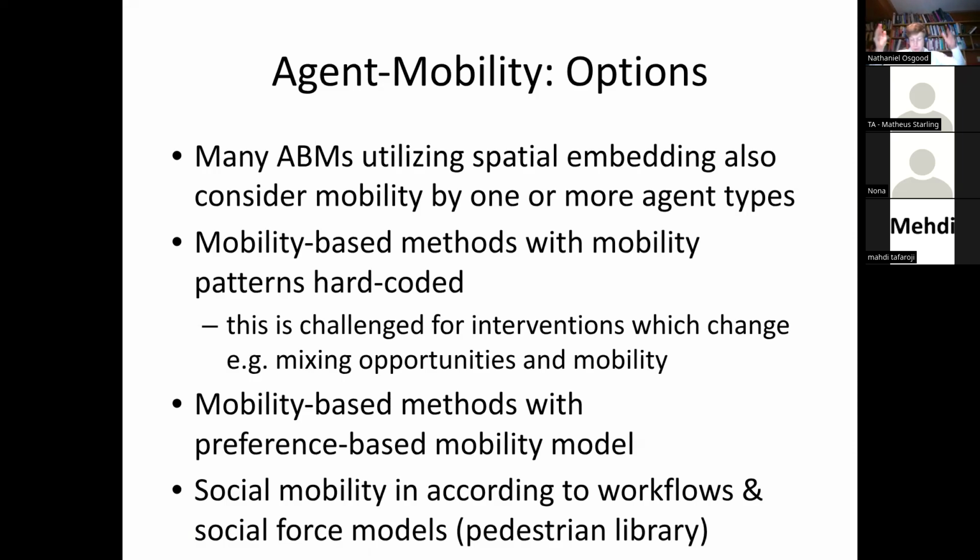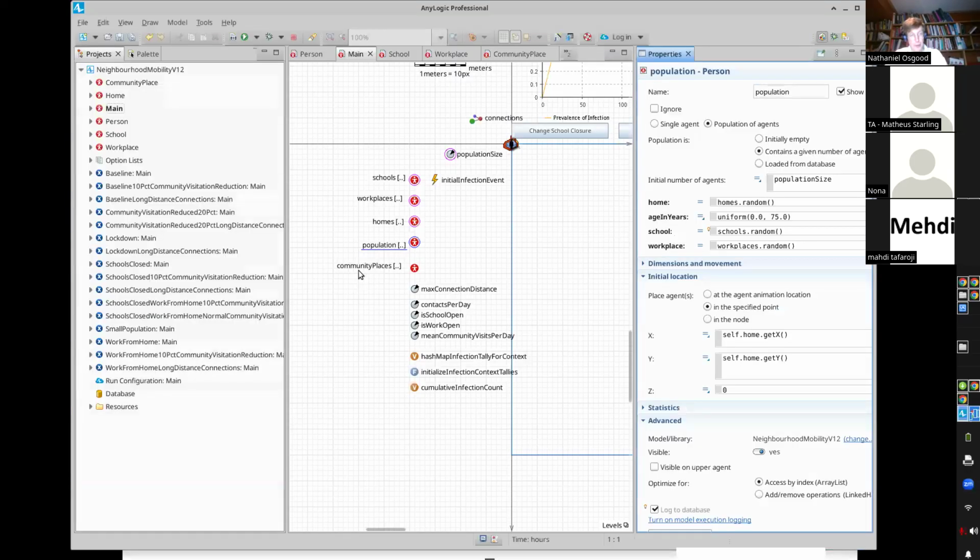You could have agents in space where their ability to cope with the situation is based on nearby resources to which they have access. But very commonly, actually, we pair an agent's spatial location with movement, and that's what we've done in this model, right?